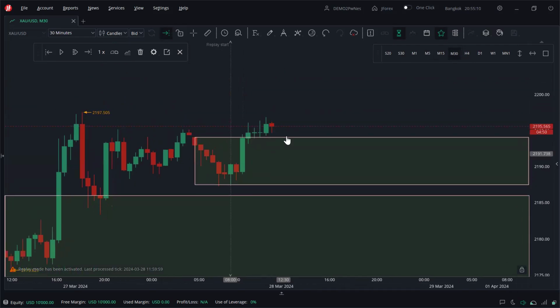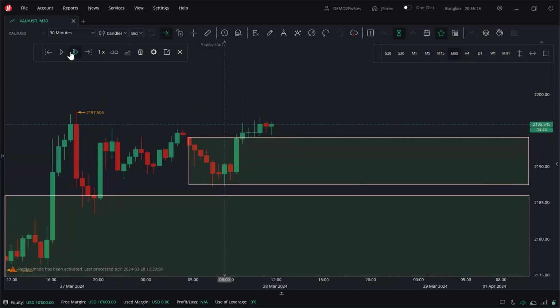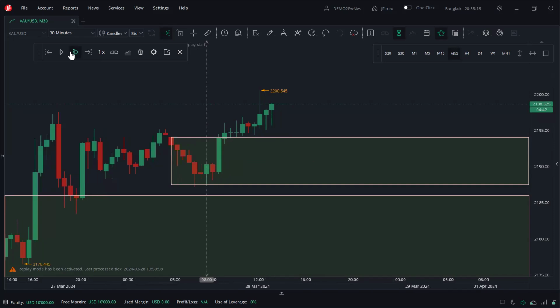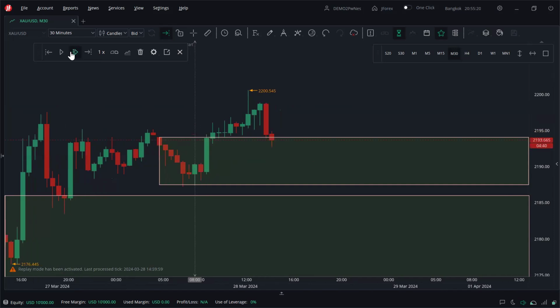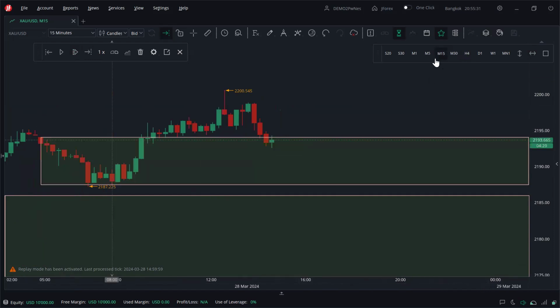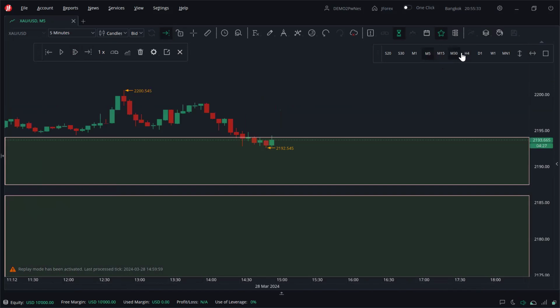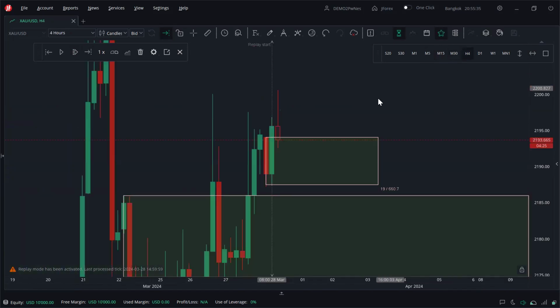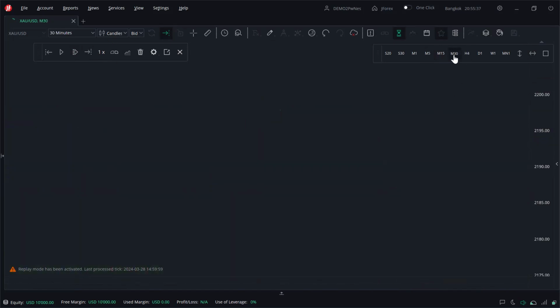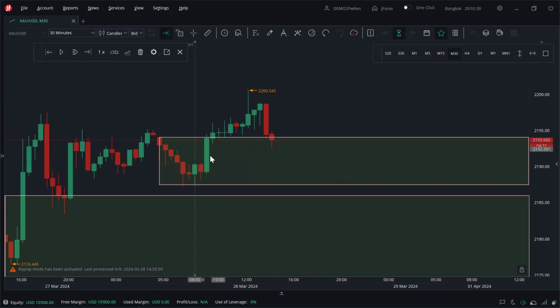So will we get a M30 or M15? This takes some time. Okay, we are now inside. When we are inside, we are waiting for M30 to create an EG, and at the same time we can already also look at M15 and M5, because we can also take a higher risk trade.